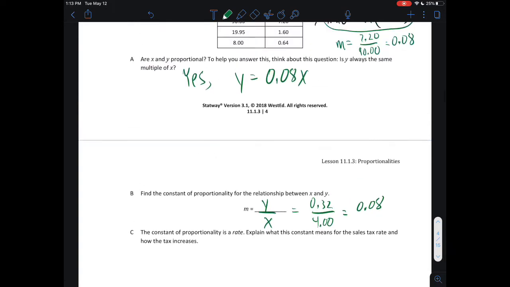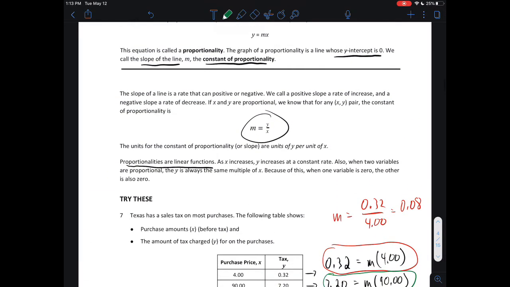To think about this, let's go back to the previous page and just notice right below where they wrote m equals y divided by x, they said that the units for the constant of proportionality are the units of y per unit of x.